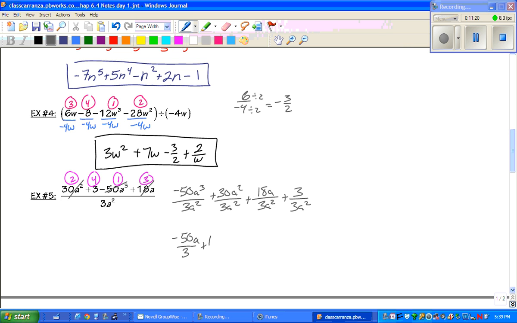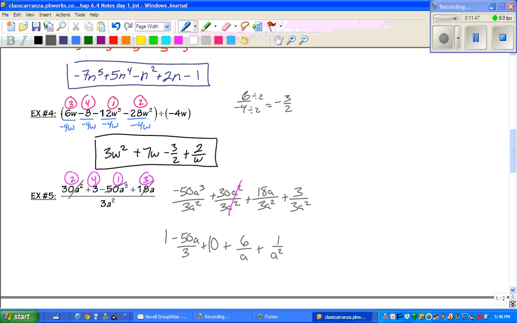30 divided by 3 is 10, and the a's cancel out. So you can go cross cross. Plus 18 divided by 3 is 6, and then the bottom wins by 1. And then 3 divided by 3 is 1, and then a squared on the bottom.